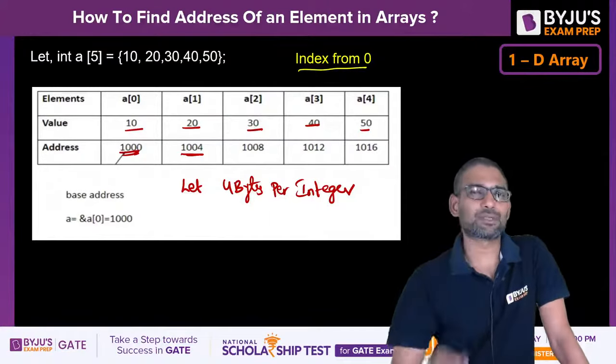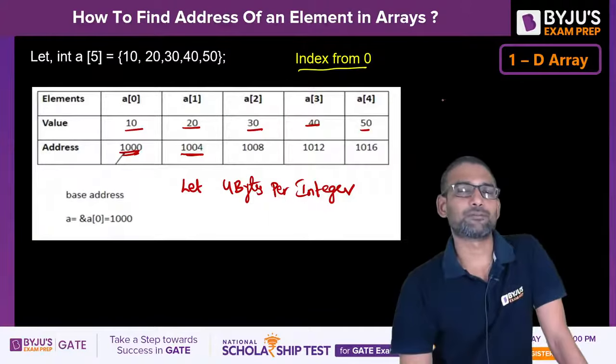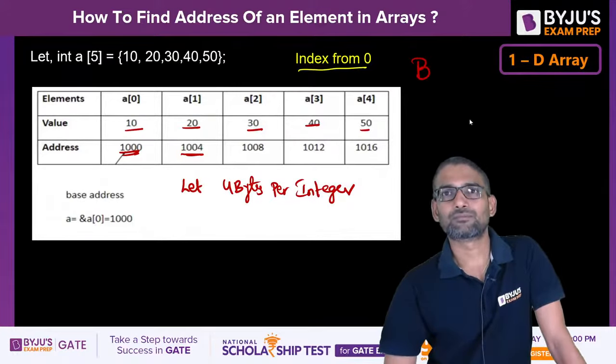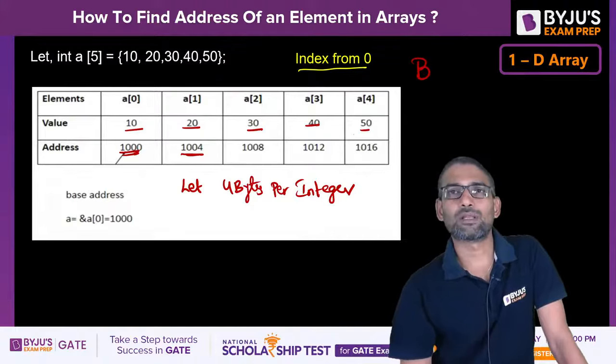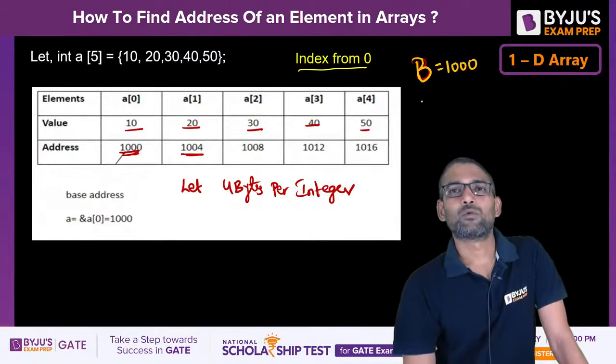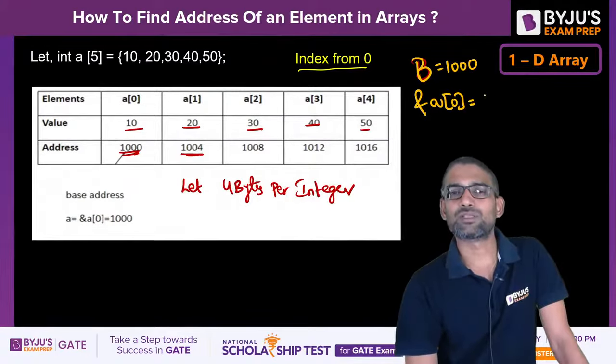So please observe here, when the base address B is 1000, when I want address of A of 0, this is 1000 plus 0, I can say.